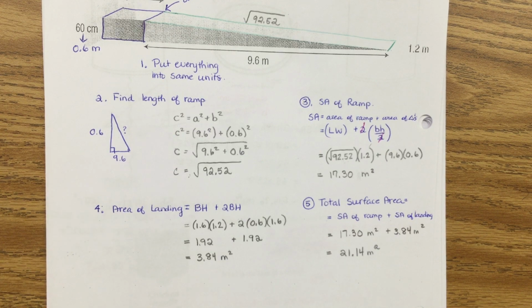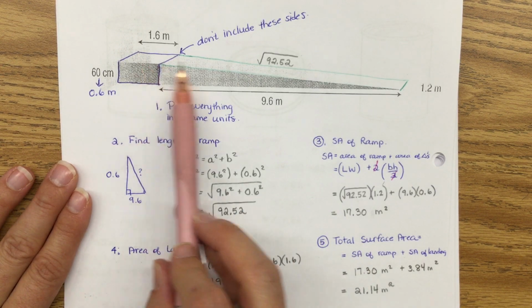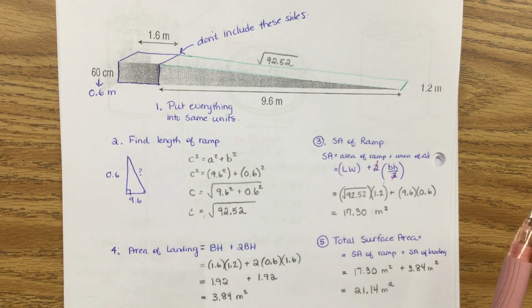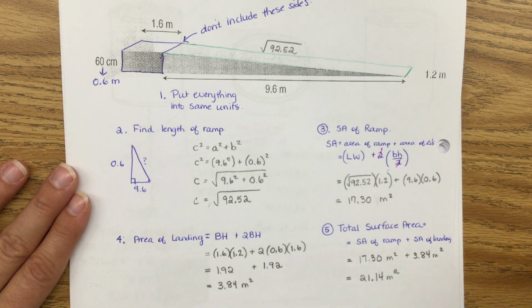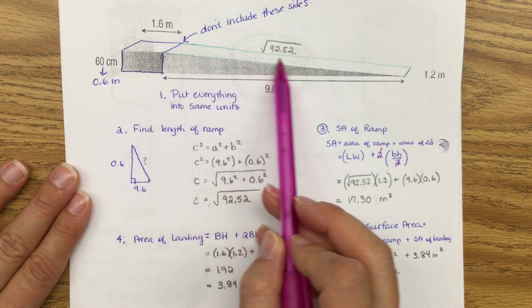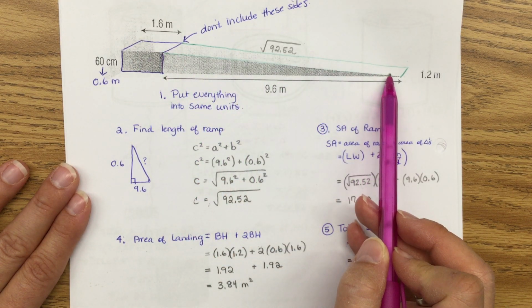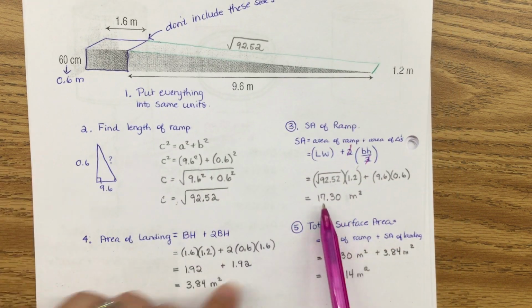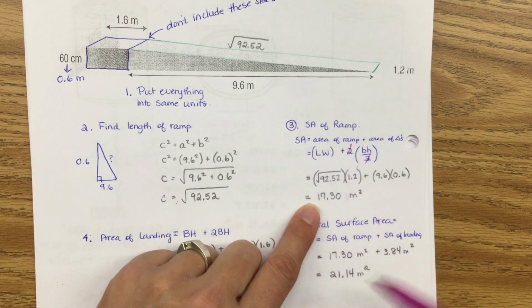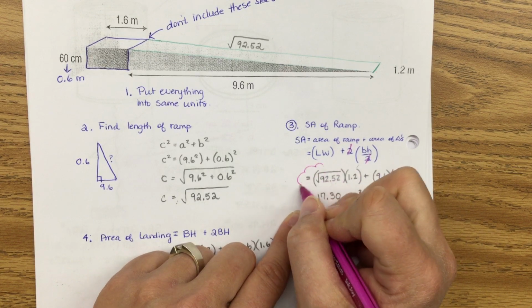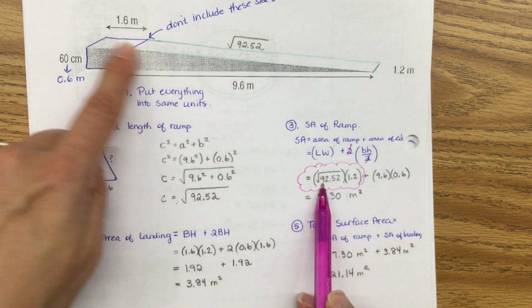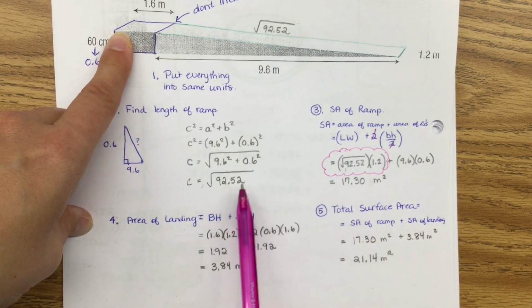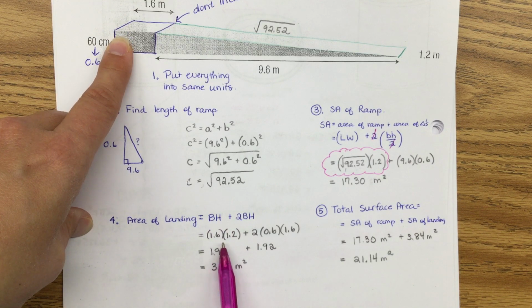Now, if you're like, Miss Labiak, the surface area of the ramp and the landing is just the top parts. Okay? Fair. Okay? This calculates everything that is exposed. If we want to find out what just the surface area of the top part was that the wheelchair would touch, okay, I would go back to my equations here, and I would use this value, because that's our length times our width, okay, and then I would use this value, area of the landing, this one here.